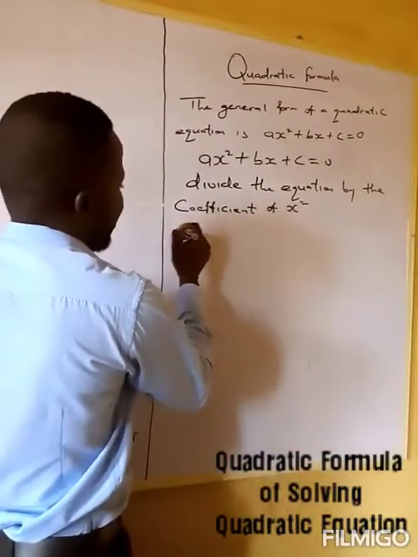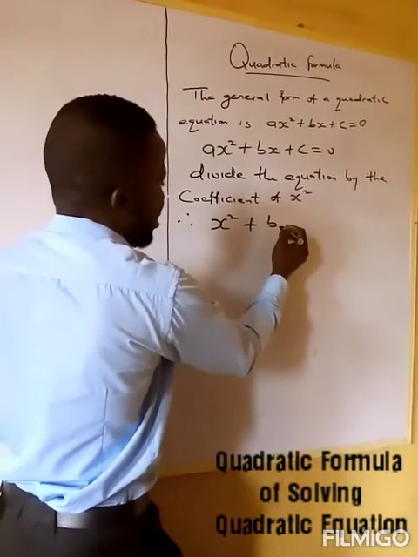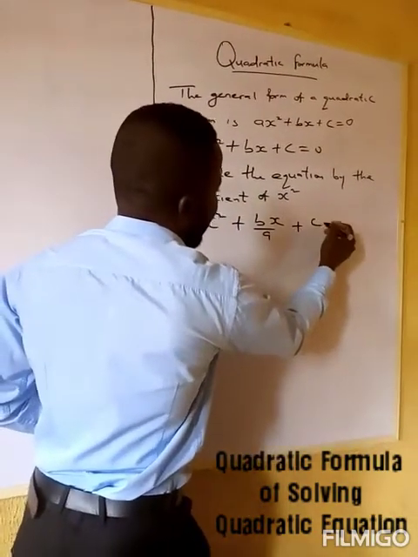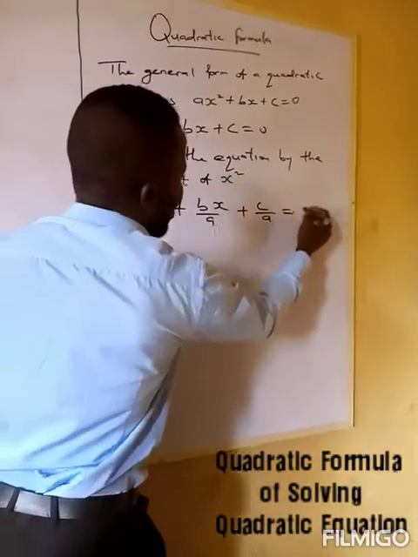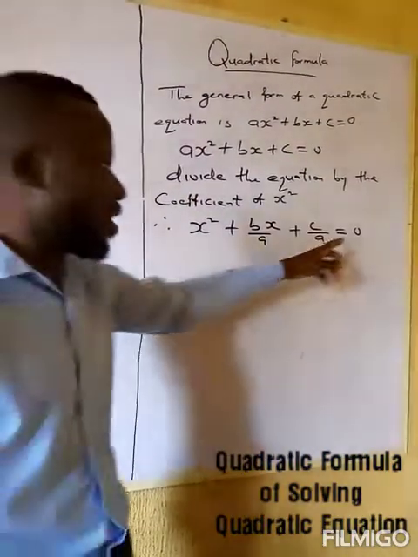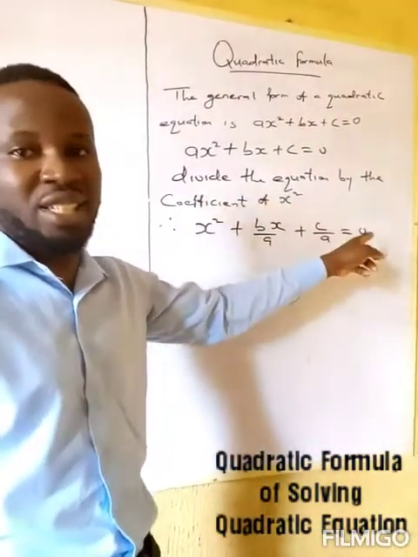Therefore, it becomes s squared plus bs over a plus c over a equals 0. Don't forget, if you divide 0 by any number, you get 0 back.